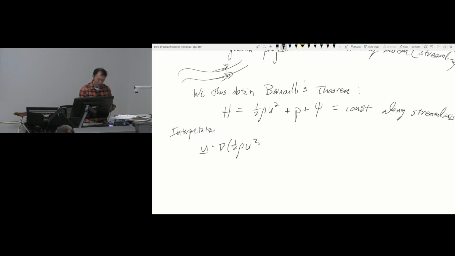So basically, physically what this means is the change in kinetic energy is balanced out by the rate of work against pressure.